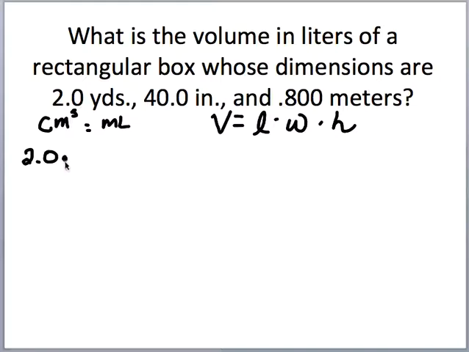The 2 yards can be converted according to my reference sheet. Let me double check here. 1 meter is 1.0936 yards.